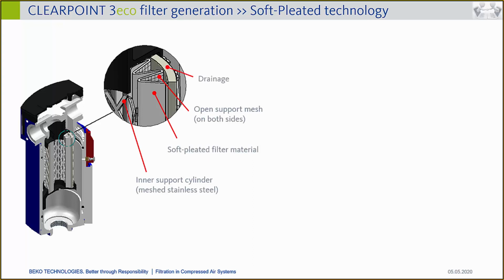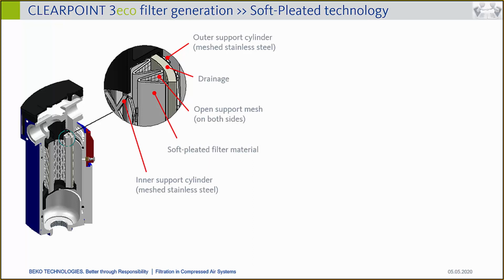We also have the drainage layer, which enables the generation of bigger droplets from small aerosols which have been separated in the filter material. And this drainage area is also supported by the outer support cylinder. Again, this is made of meshed stainless steel material.